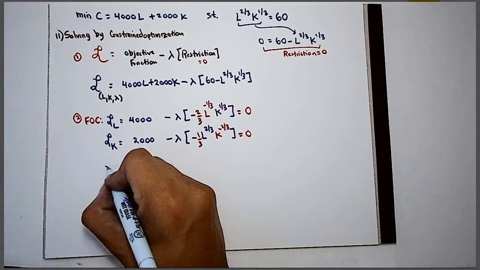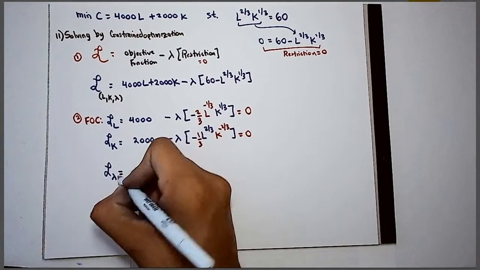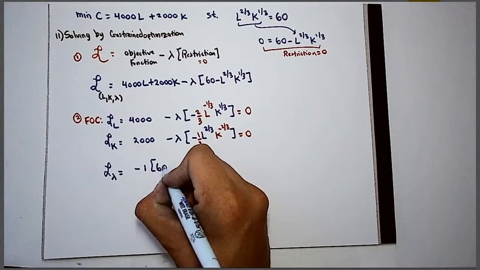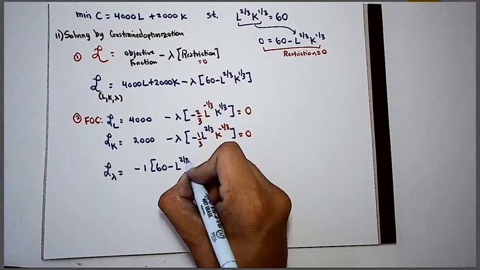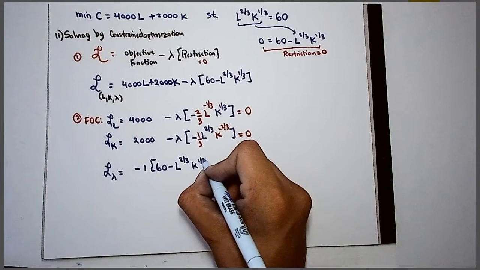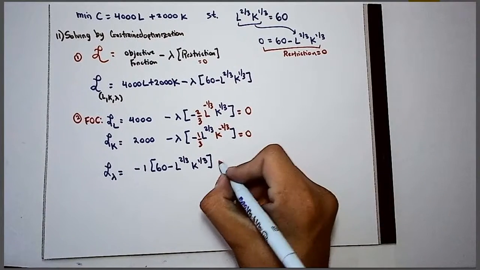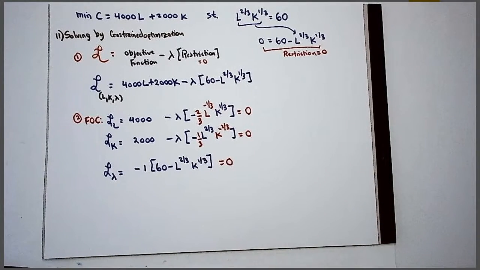And finally we have the Lagrange with respect to lambda, which is minus 1 times 60 minus L to the 2/3 K to the 1/3, which must be equal to 0.